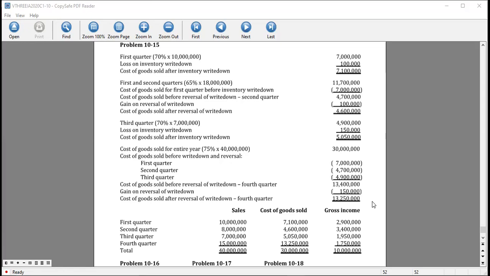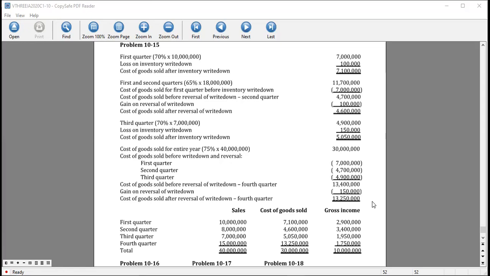There was a net realizable value adjustment of 150,000 in the third quarter. So we are now adding loss on inventory write down 150,000. The cost of goods sold after the inventory write down is 5 million.